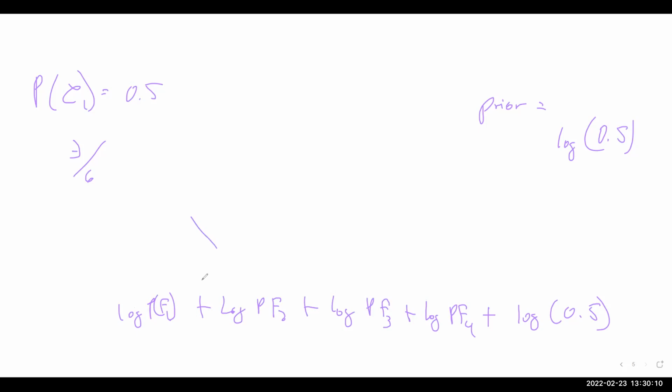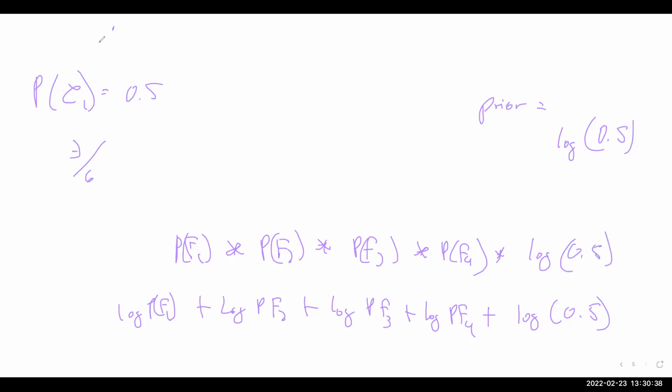That was the same as we had said before in the equation: probability of F1 times probability of F2 times probability of F3 times probability of F4 times the last part, the prior, which would be that log 0.5, which just comes from the number of times we see samples for that class in the data set. But we don't do the multiplications, we do the sums, right?